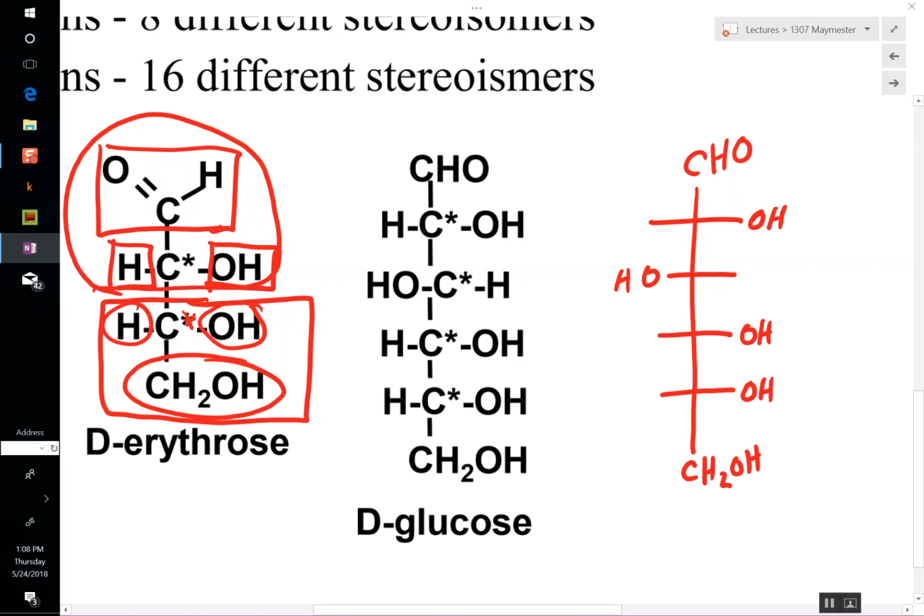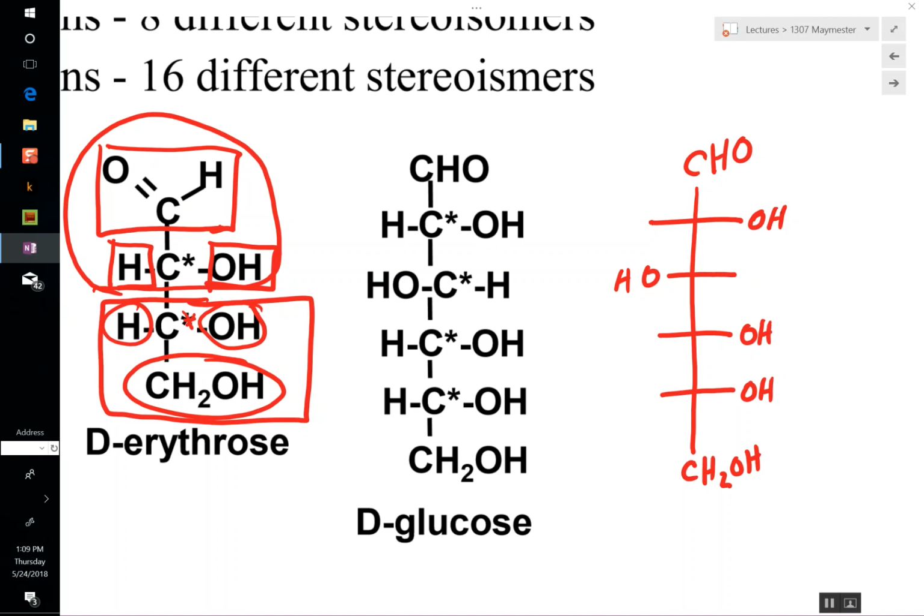So I can either draw out all the carbons, or for a chiral carbon, I can just have a crossroads right there. There is a carbon there, but what's around it? There's an OH here, there's a hydrogen there. An OH, a hydrogen, OH, hydrogen.